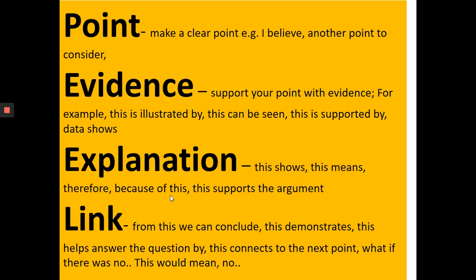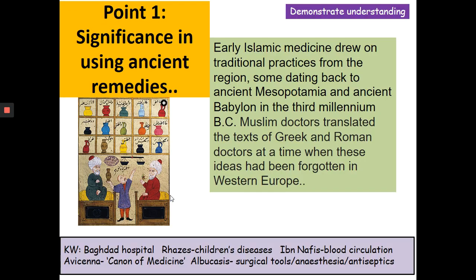When responding to the questions, for each point, try to create a paragraph and provide evidence, explanation, and a link back to the main question or to link onto your next point.